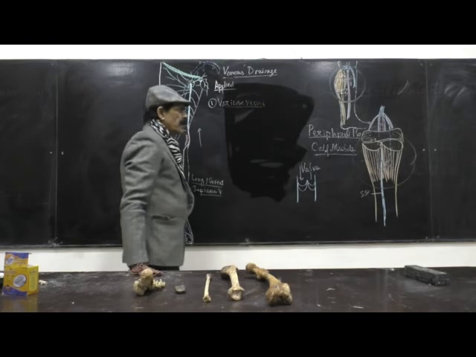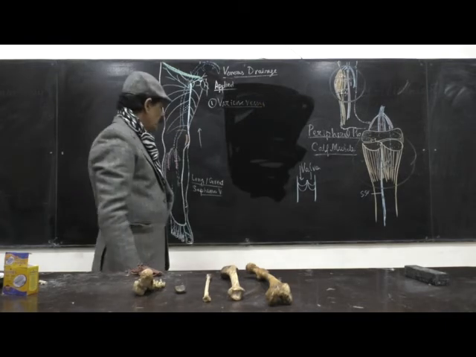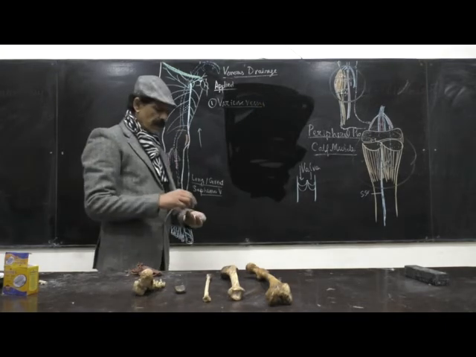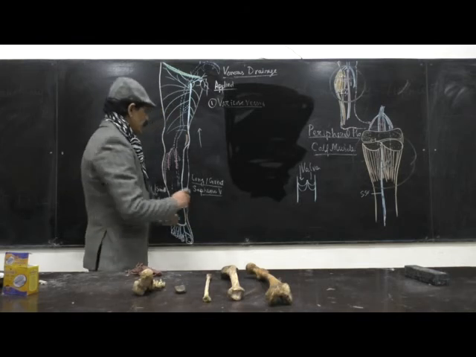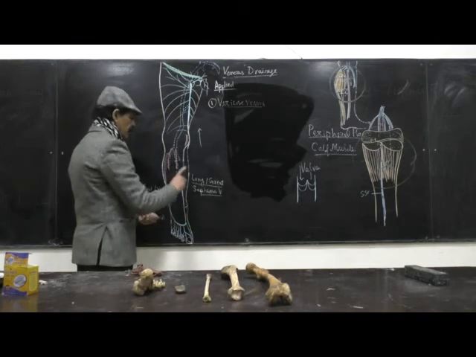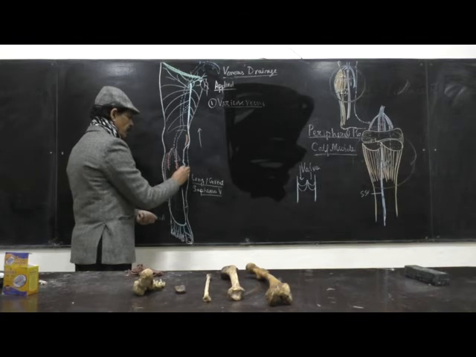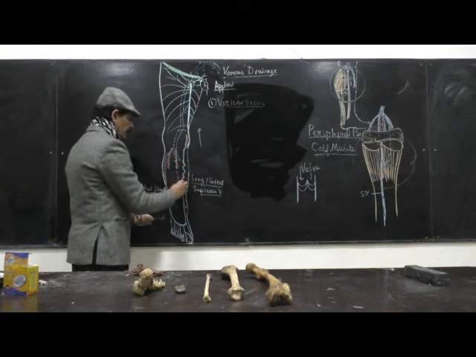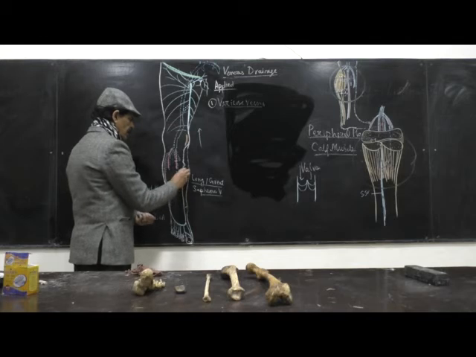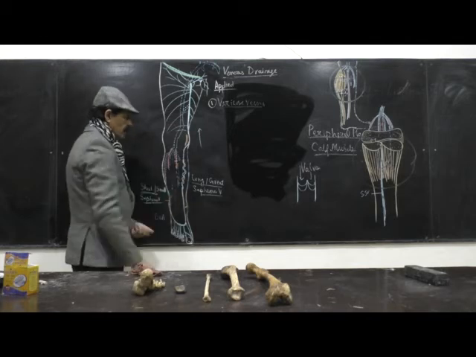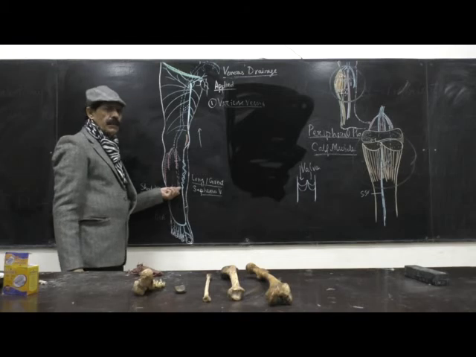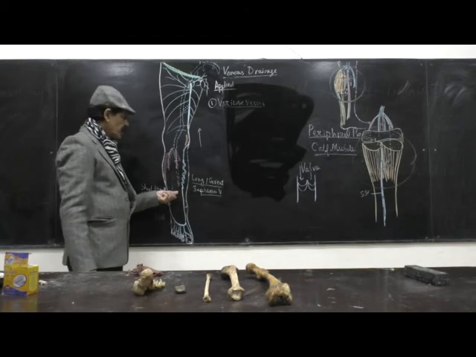So varicose veins are the veins. The varicose vein is given the name when the superficial veins become tortuous; they are called varicose veins.